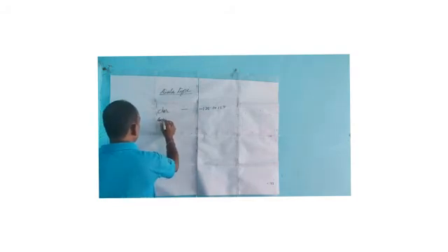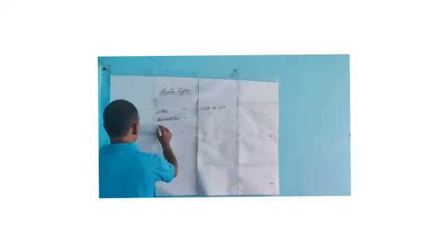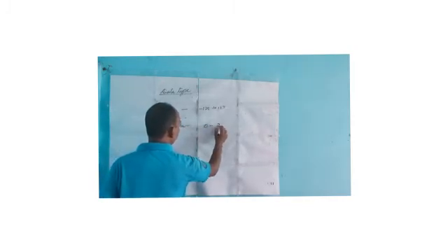Next is signed character. Then next is unsigned character. Here you can use 0 to 255. So when you use unsigned characters, the range of the character is 0 to 255.